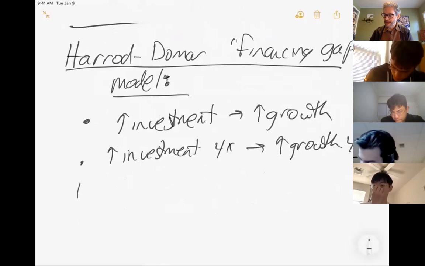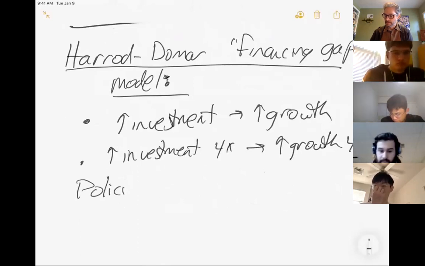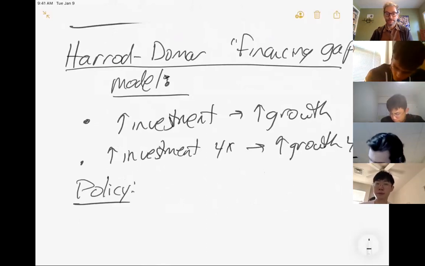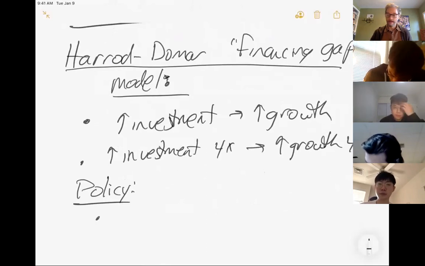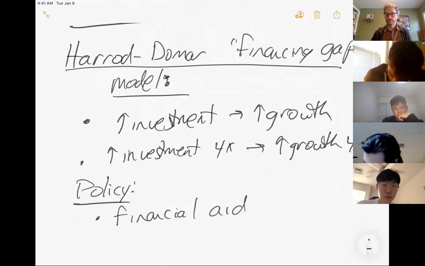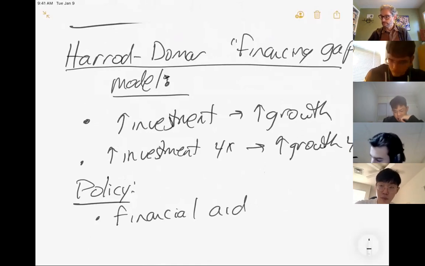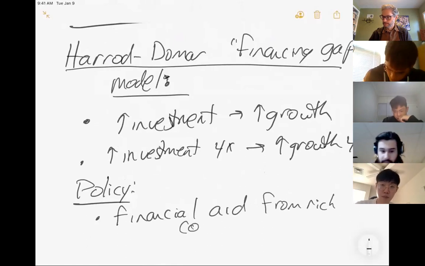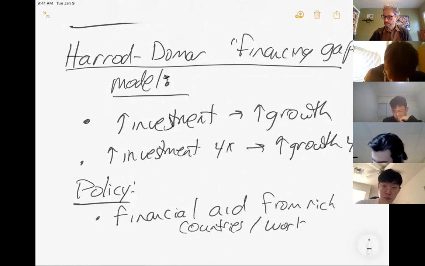And so Max said the policy implications of this were pretty clear. First off, what poor countries need to do is try to accumulate financial aid. Try to get those big loans from the World Bank.